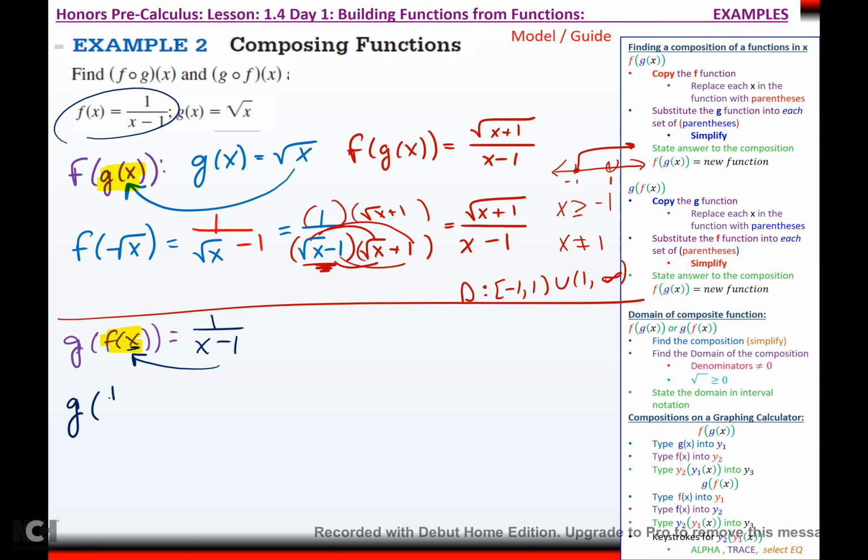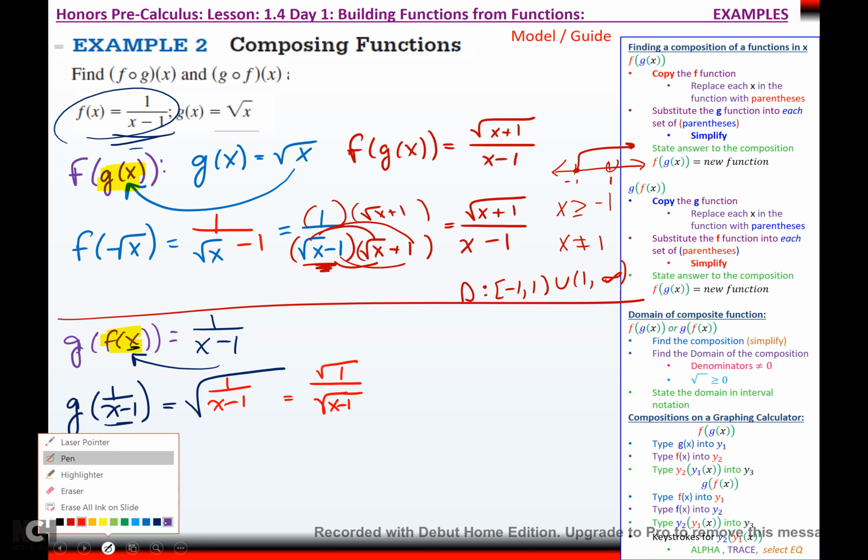So I'm finding g of 1 over x minus 1. I'm finding g of this f function, which says go to g, which is the square root, take out x and put in what you brought, which is 1 over x minus 1. Well, this is the same as the square root of 1 over the square root of x minus 1.